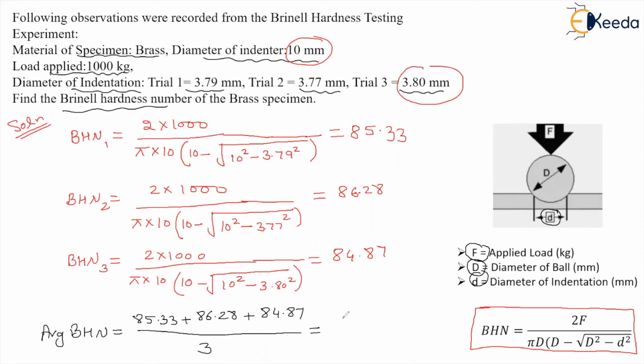Solving it, it will come out to be 85.49, which is nearly equal to 86, you can say, right? So this is the answer of this question: the Brinell hardness number of this brass specimen is 86.